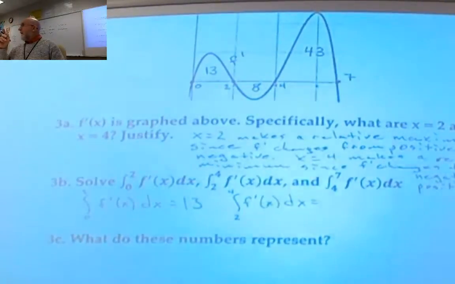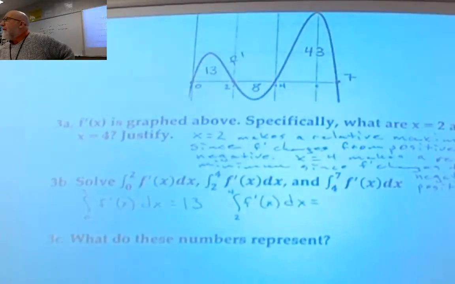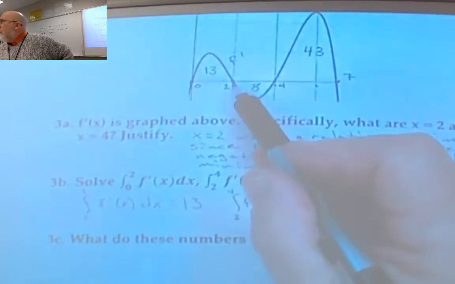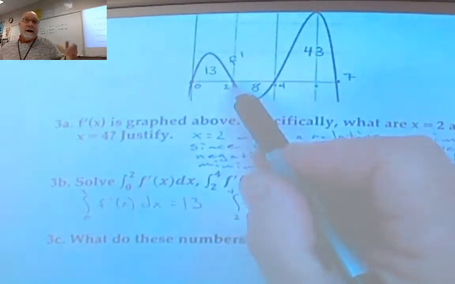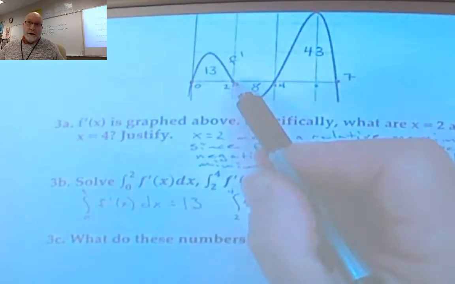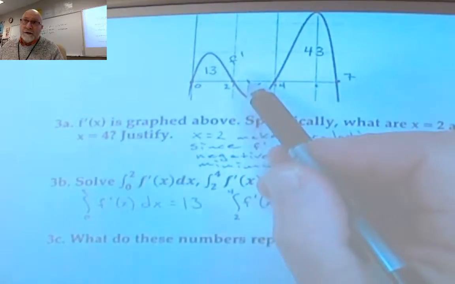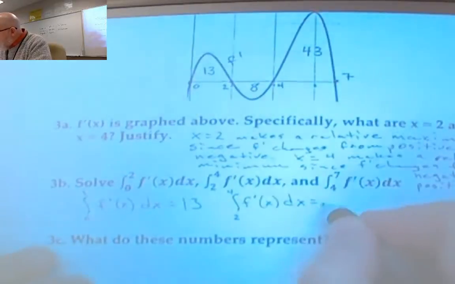Hear what I'm saying? Does everybody see why it's 8 going in the opposite direction? Because what happens here? I turn around, correct? The graph turns around, so I go 8 in the opposite direction, correct? How do we write 8 in the opposite direction? Negative 8.